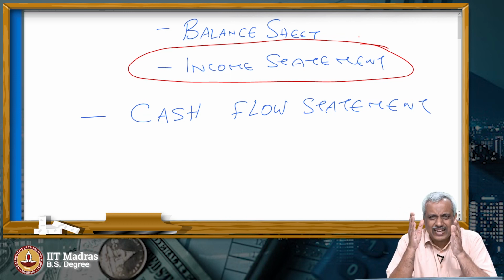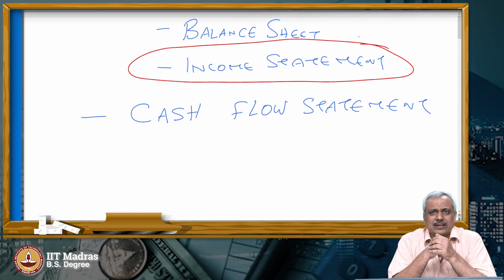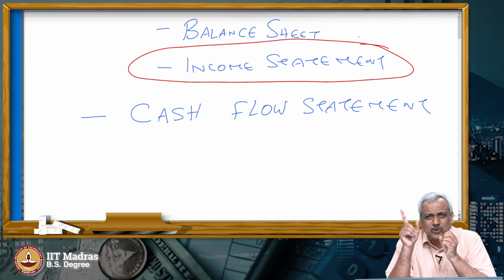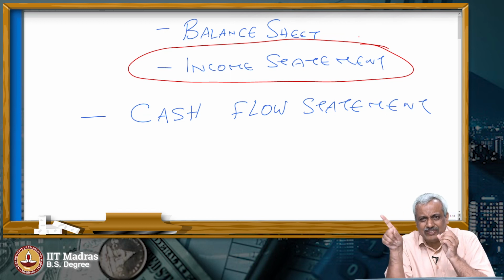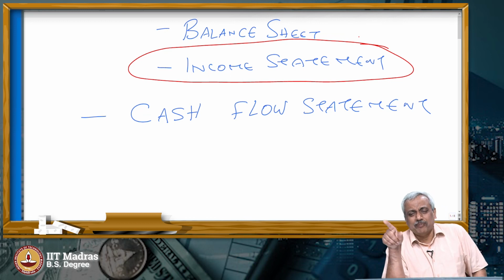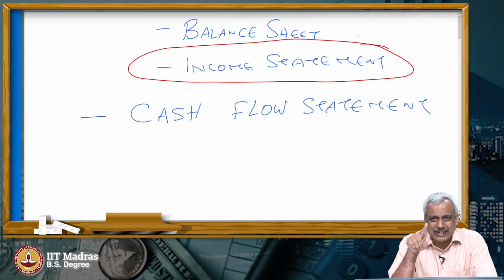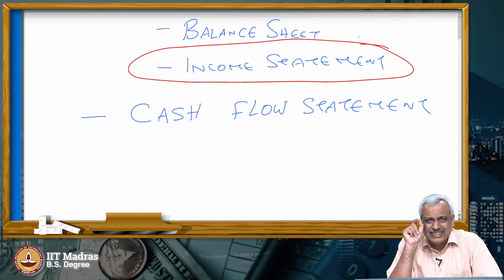So on 31st January, if I draw up an income statement for the month of January, the salary has accrued as an expenditure. The salary will be paid only on 7th February, but it will be shown as an expenditure in the income statement of the month of January. Cash outflow is not.